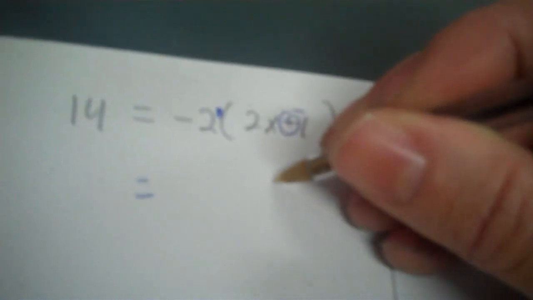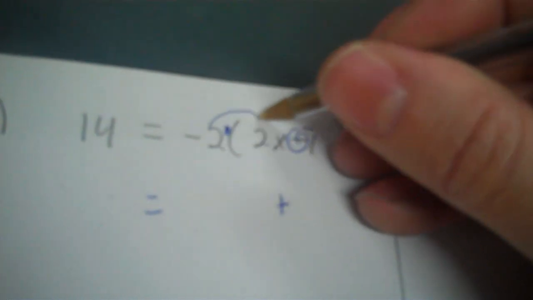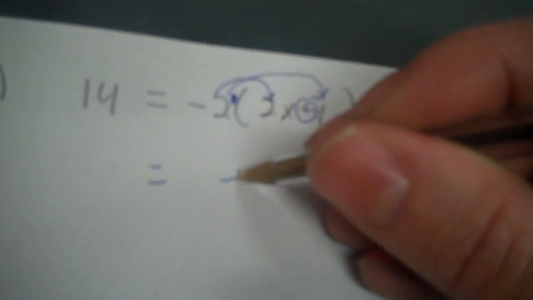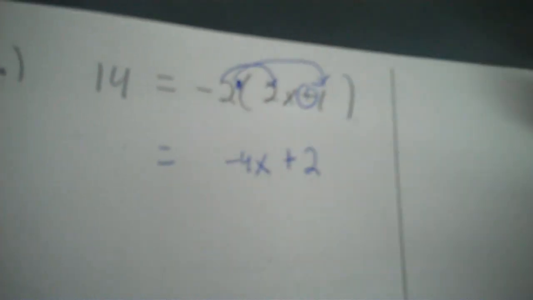Okay, number 5. 14 equals negative 2 times the quantity 2x minus 1. So you got a parentheses first, okay? That minus is plus negative, so you drop your plus and you take negative 2 times 2x and negative 2 times negative 1. So then that's going to be, remember you're timesing, not adding. So it's going to be negative 4x and negative 2 times negative 1 is 2.